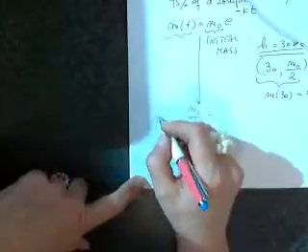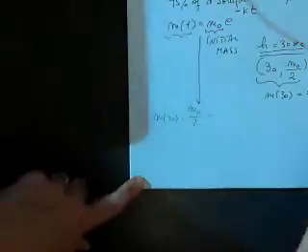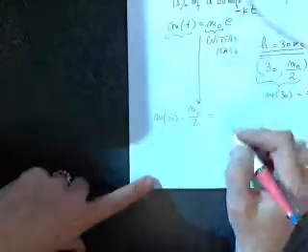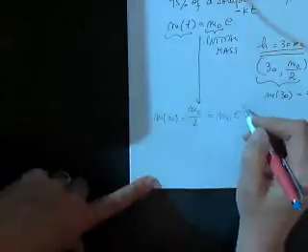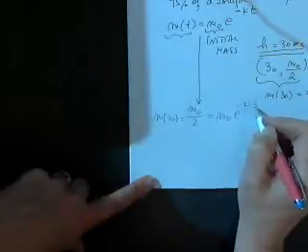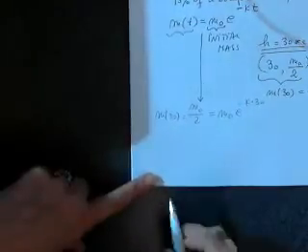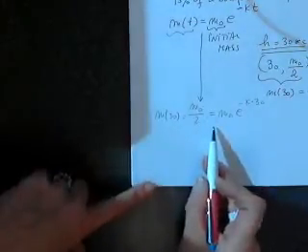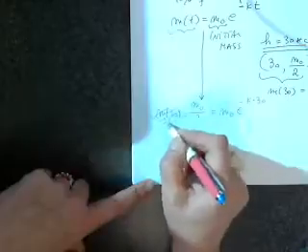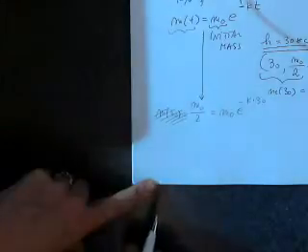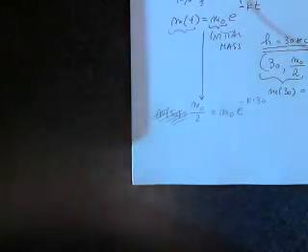You could write it as m of 30, which is m0 over 2, which also equals m0 e to negative k times 30. But I don't like to have two equal symbols in an equation, so that's why I would like to drop this part. Does this make sense?